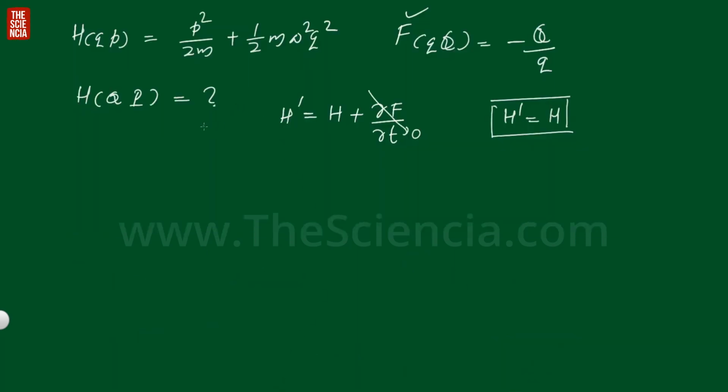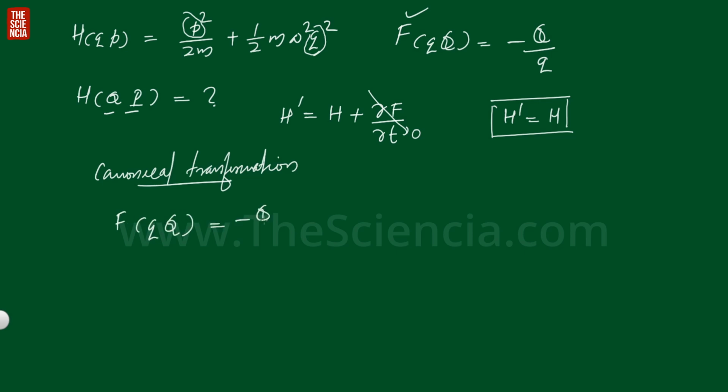To find the Hamiltonian in the new coordinate system, that is capital Q and capital P, we have to replace this small p and small q in the old coordinate system. So how can we transform this old coordinate to the new coordinate? By canonical transformations. So we need a generating function for this canonical transformation, and that generating function is given, that is f of q, Q equal to minus q by Q. So what will be the canonical transformation equations here?